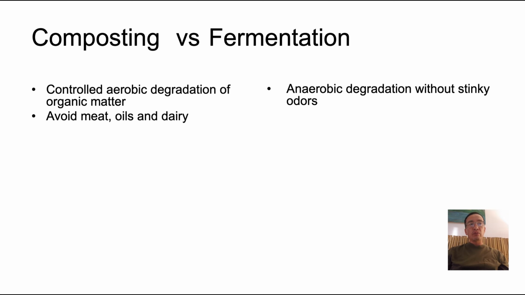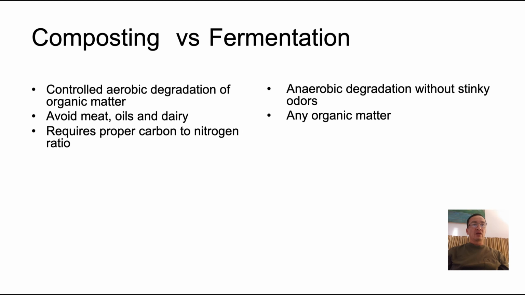You need to avoid meats and oils in composting, but you can do fermentation with any organic matter. It doesn't mean you're going to add the whole jug of milk there. You could if you have enough substrate, but it doesn't mean you're going to add all your oil in there. If your food has some oil, it will be okay. You can do rice, for example.